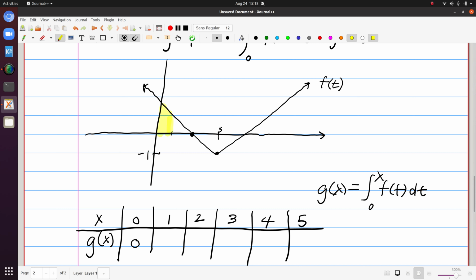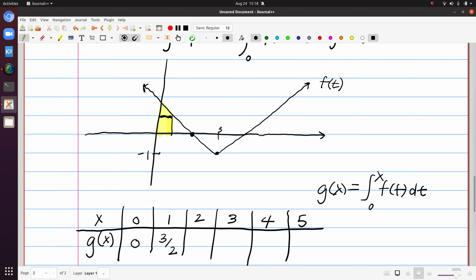So right here. Thinking about that, we could kind of think about breaking this region up into a square with area 1 plus that 1/2 area triangle. And so together we get 3/2.